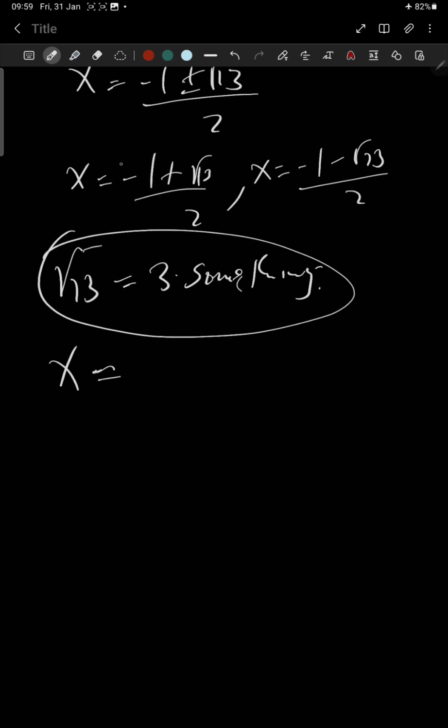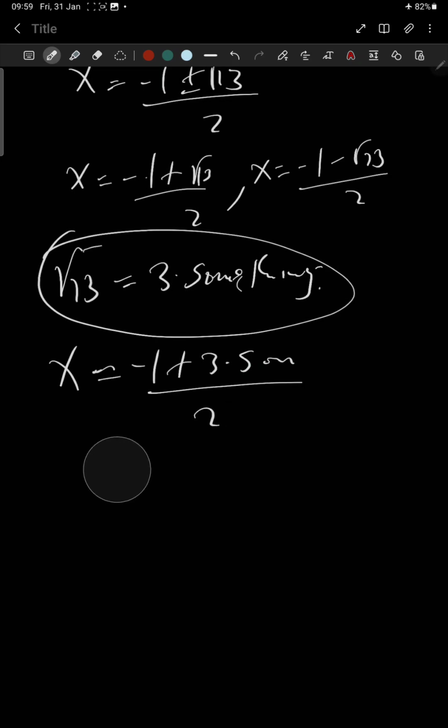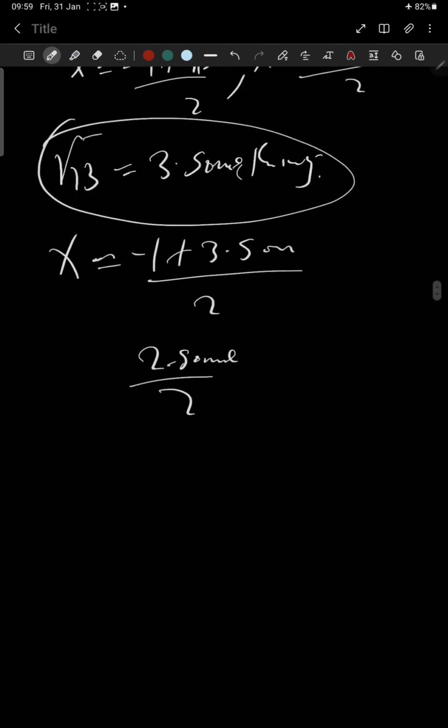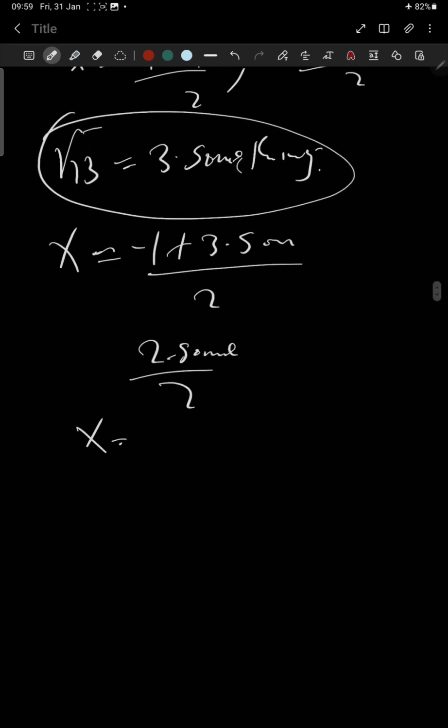Negative 1 plus 3 point something over 2 is the same as 2 point something over 2, which is 1 point something. That would be our vertical asymptote.